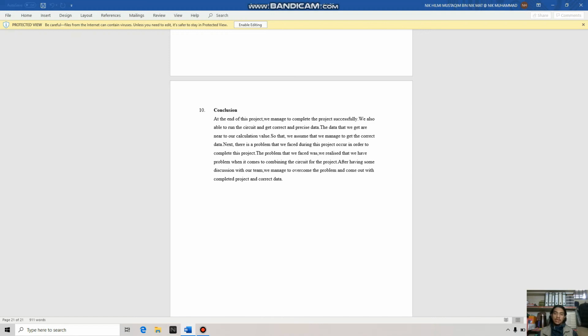At the end of this project, we managed to complete the project successfully. We were also able to run the circuit and get correct and precise data. The data that we got is near to our calculation, so we assume that our project is successful. But there was a problem that we faced during the project.